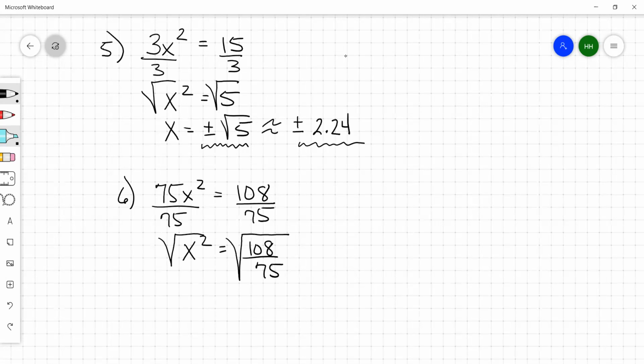If we square root both sides, then our x is equal to positive or negative 1.2. And that's 108 divided by 75 and then finding the square root of it.